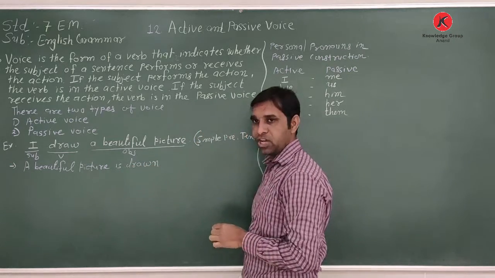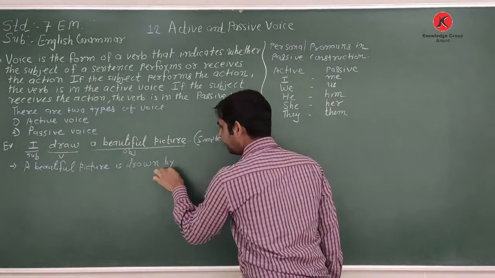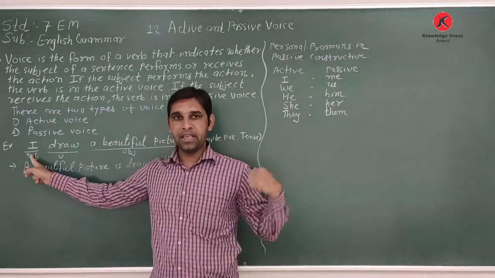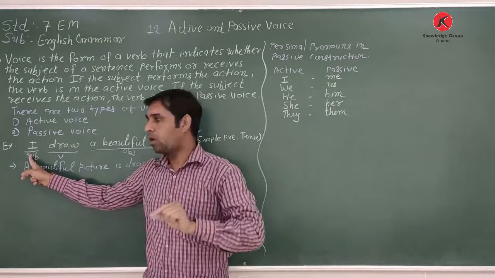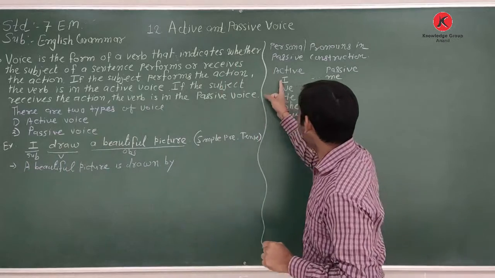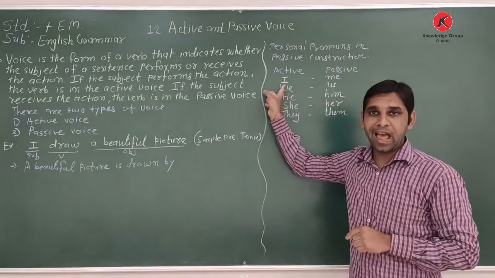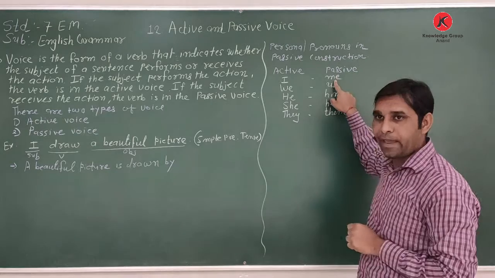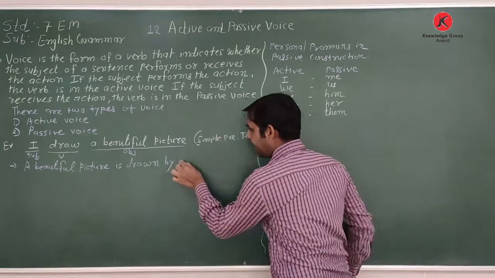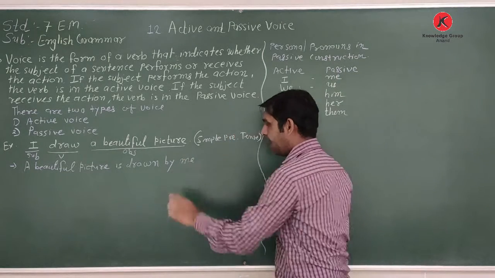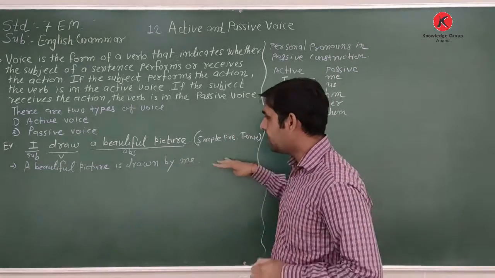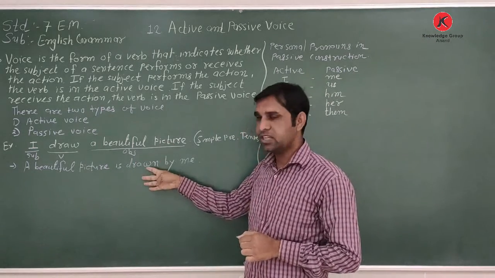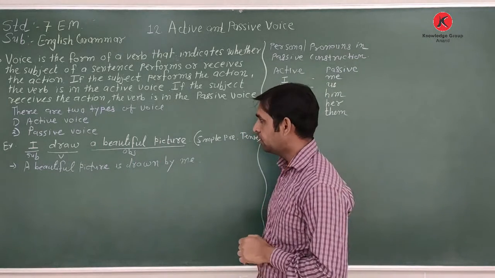A beautiful picture is drawn. Then write the word by, then the subject of the doer. If in active voice we write I, then in the passive voice we write me. Then full stop. So this is the example of active voice changed into passive voice.